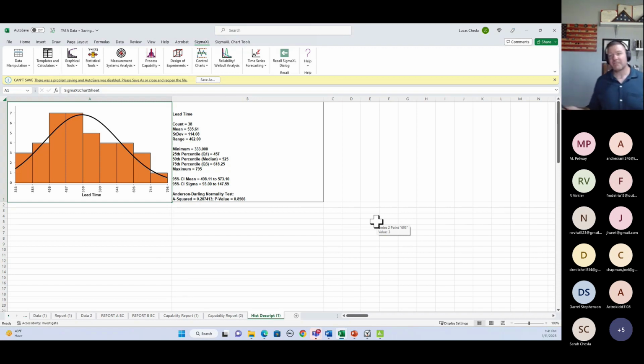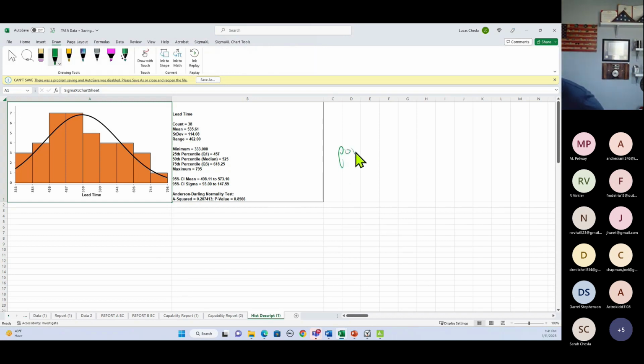This brings me to what's called a point estimate. The reason I say that is because this particular sample that we collected is a point in time. This is only one set of data. We have 38 data points, but this is only one set.